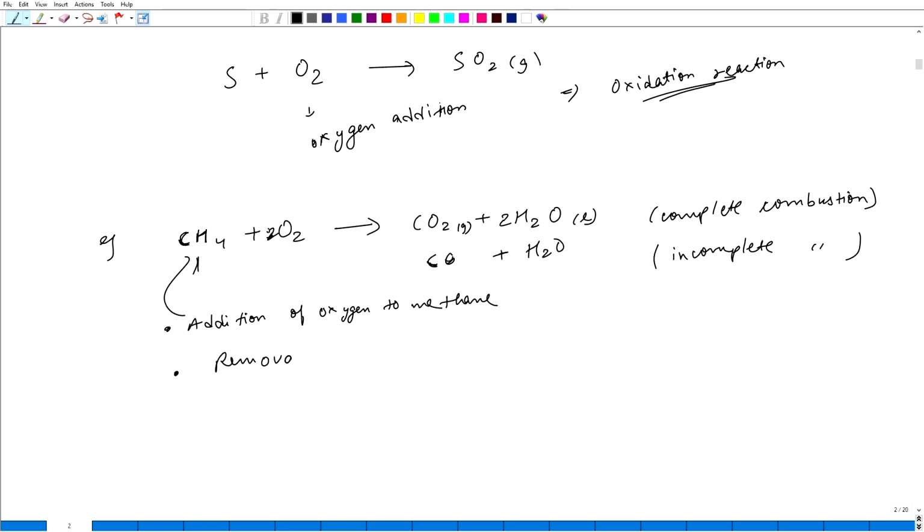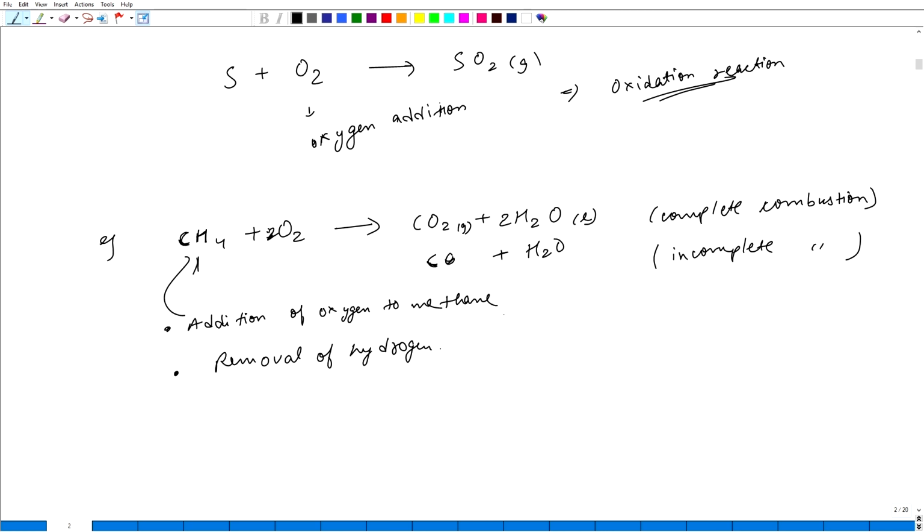This methane molecule has not only accepted the oxygen and formed carbon dioxide, but it also has had hydrogen removed from it, and this has been an oxidation reaction. So, till now we had the definition of oxidation reaction to be addition of oxygen. Now, we get to see that removal of hydrogen is also an oxidation reaction.